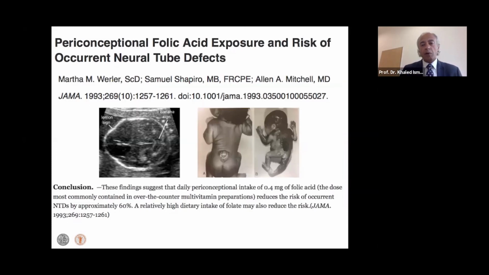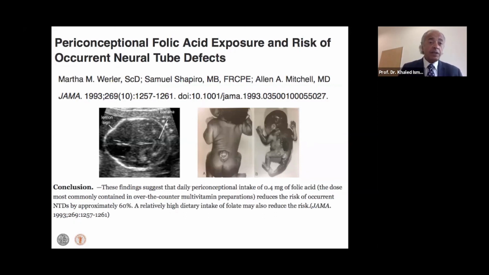You all know that folic acid was introduced quite a few years ago and is now routinely recommended for anybody who's planning to get pregnant, to reduce the risk of neural tube defects like spina bifida, the commonest of them all. However, for folic acid to reduce the risk of spina bifida, it needs to be taken periconception, around the time of conception.